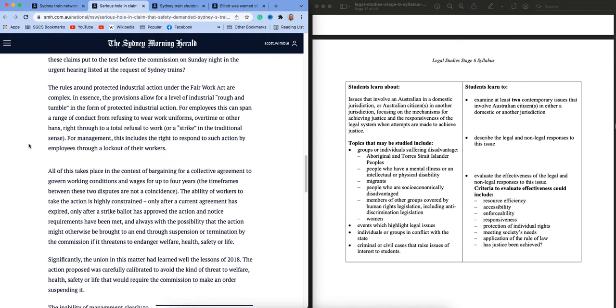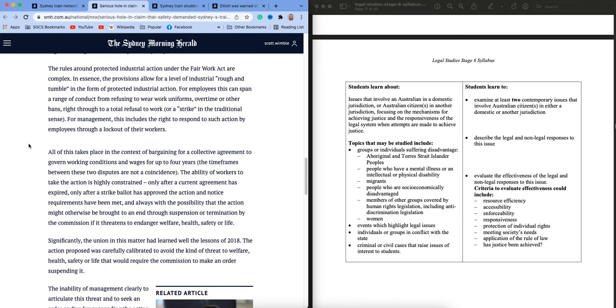The rules, Shea says, around protected industrial action under the Fair Work Act are complex. In essence, the provisions allow for a level of industrial rough and tumble in the form of protected industrial action. For employees, this can span a range of conduct from refusing to wear work uniforms or overtime or other bans, right through to a total refusal to work or a strike in the traditional sense.